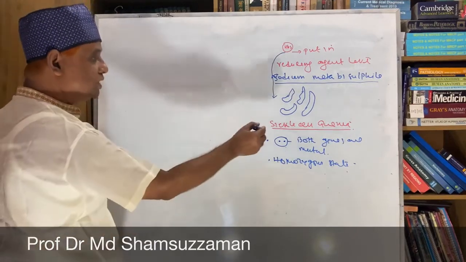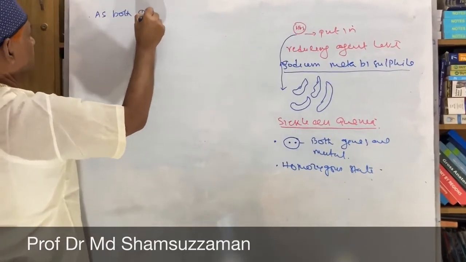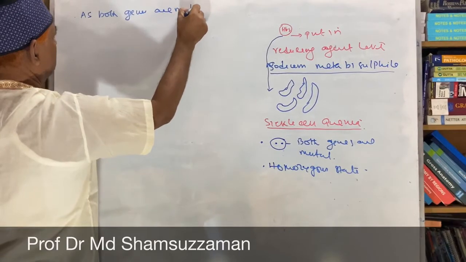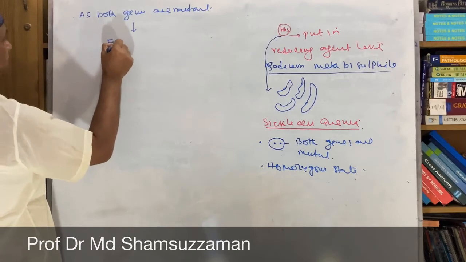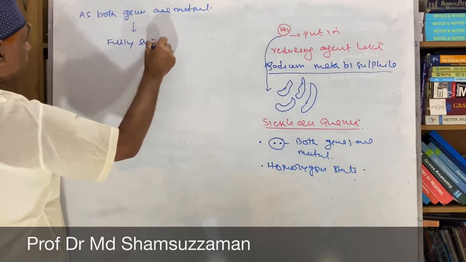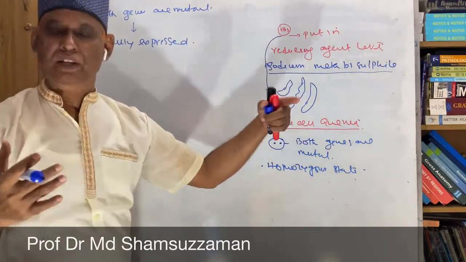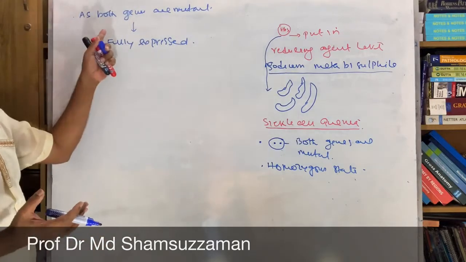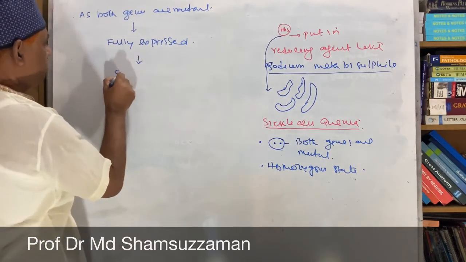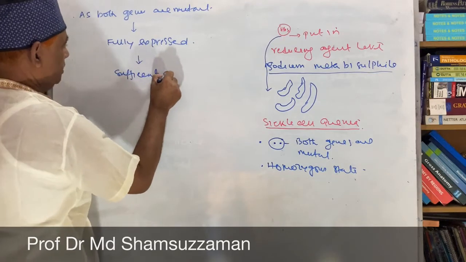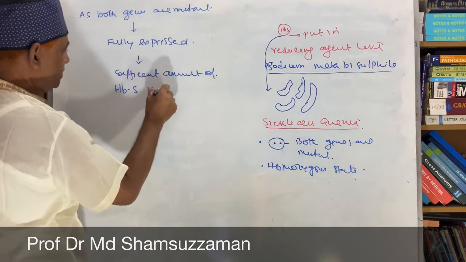As both genes are mutant, the genes are fully expressed. When one gene is partially expressed, an insufficient amount of hemoglobin S is produced, and when both genes are mutant and fully expressed, a sufficient amount of hemoglobin S is synthesized.